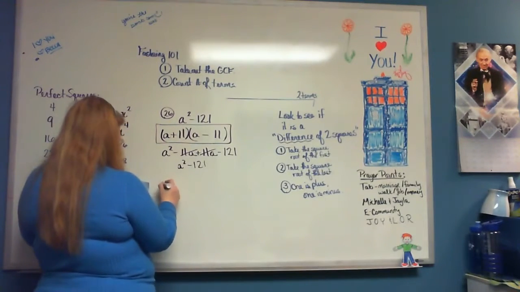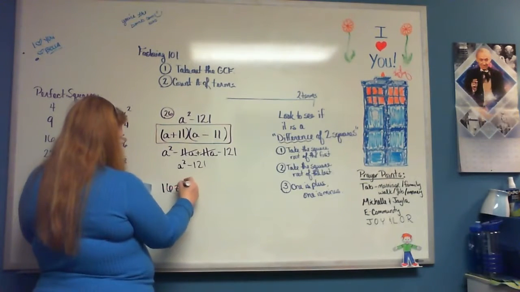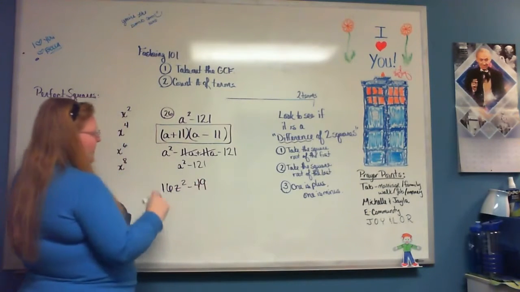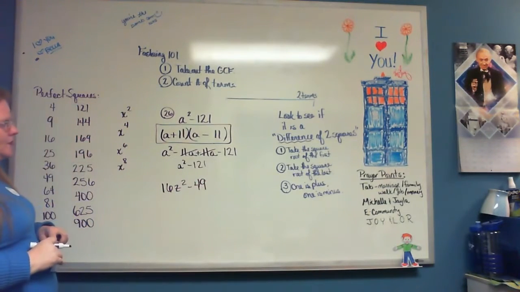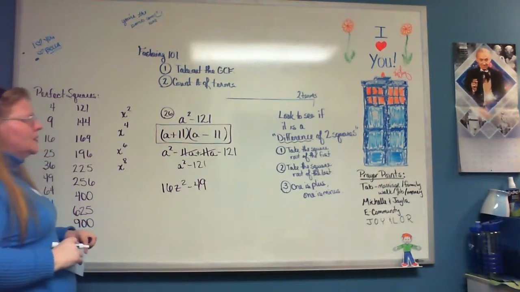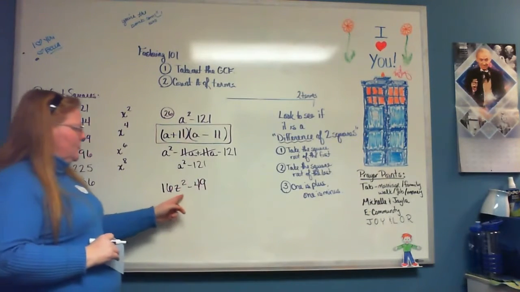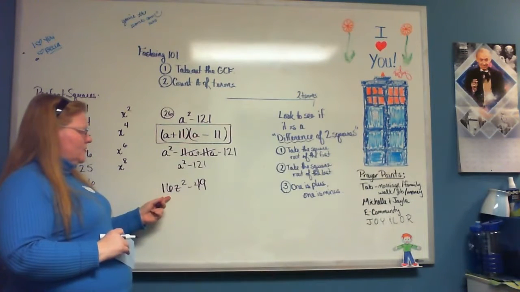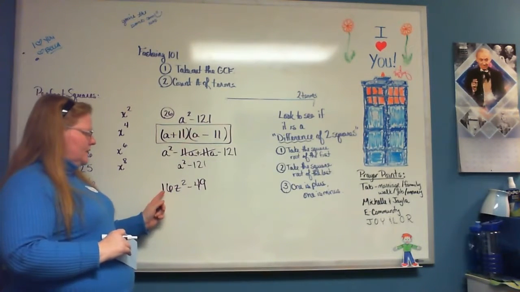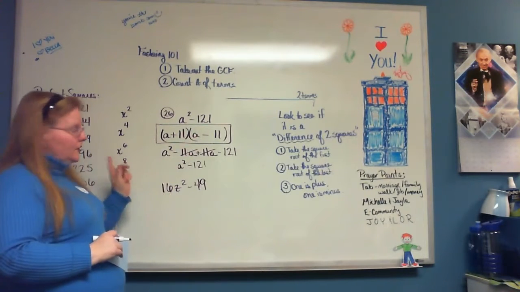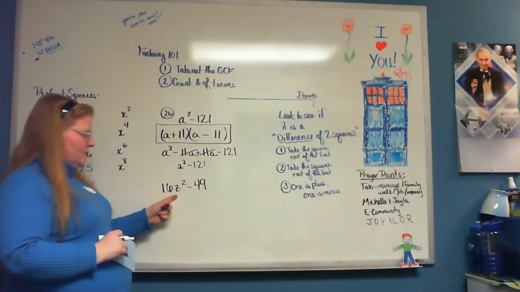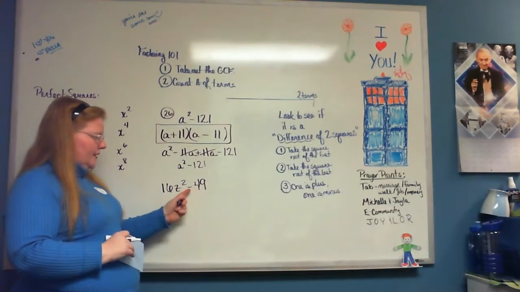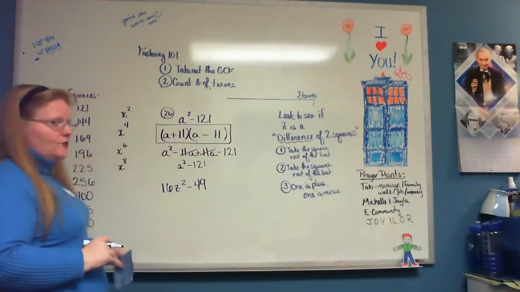Let's try another one. 16z squared minus 49. Is there a GCF? No. Count the number of terms. 1, 2. Two terms puts me over there. Is this the difference of two squares? Well, this is a perfect square, 16, because it was on our list. z squared is a perfect square, and that's a perfect square, and that's a minus, so yes, it is the difference of two squares.